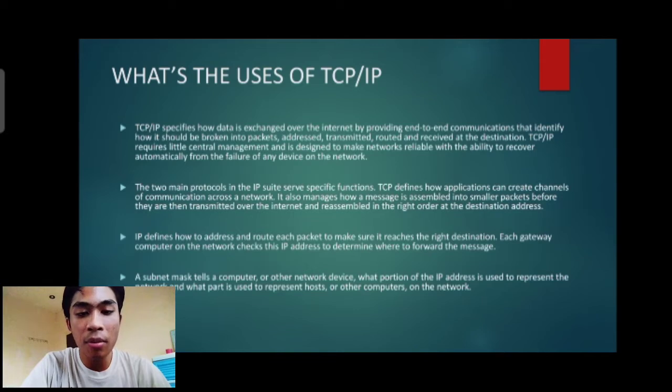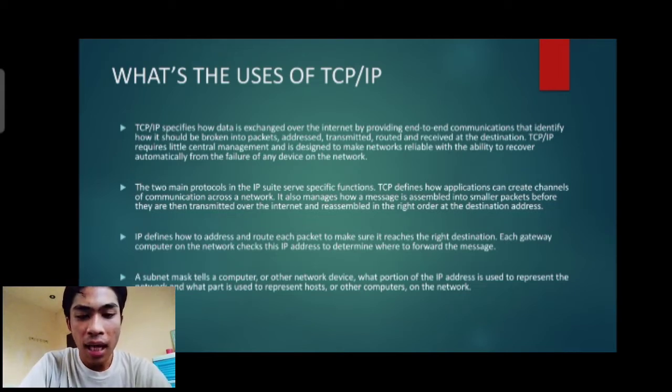So TCP/IP requires little central management and is designed to make networks reliable with the ability to recover automatically from a failure of any device on the network. So the main reason is to fix the communication between computers easily without any hassle.